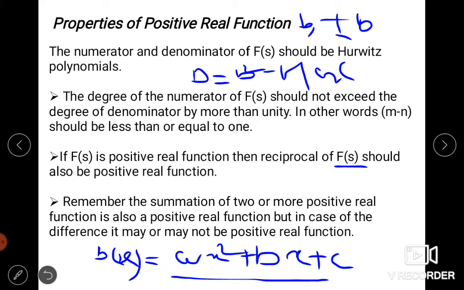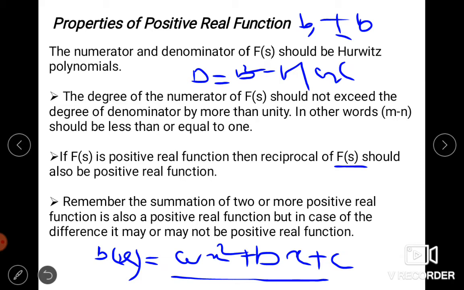Any function which is in the form of F(s) will be called a positive real function if it fulfills these input conditions. Means F(s) should satisfy some conditions which we have to describe. So what are the input conditions?